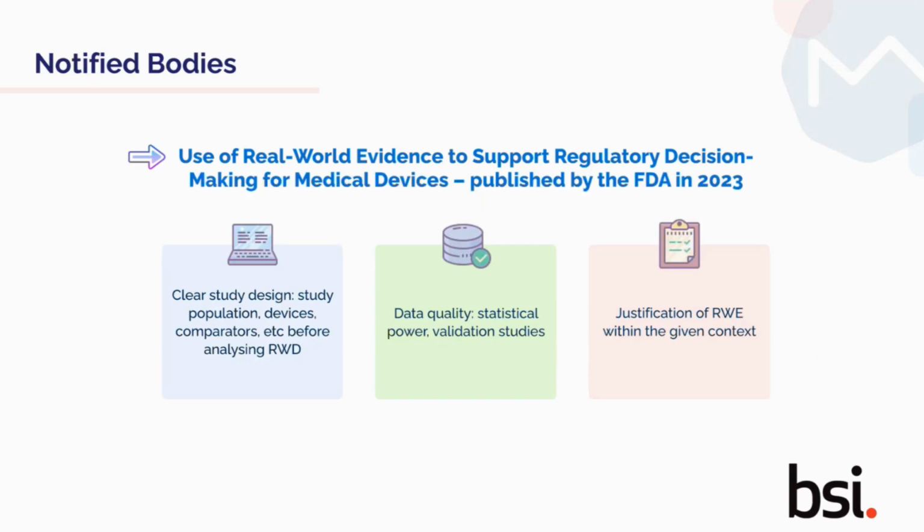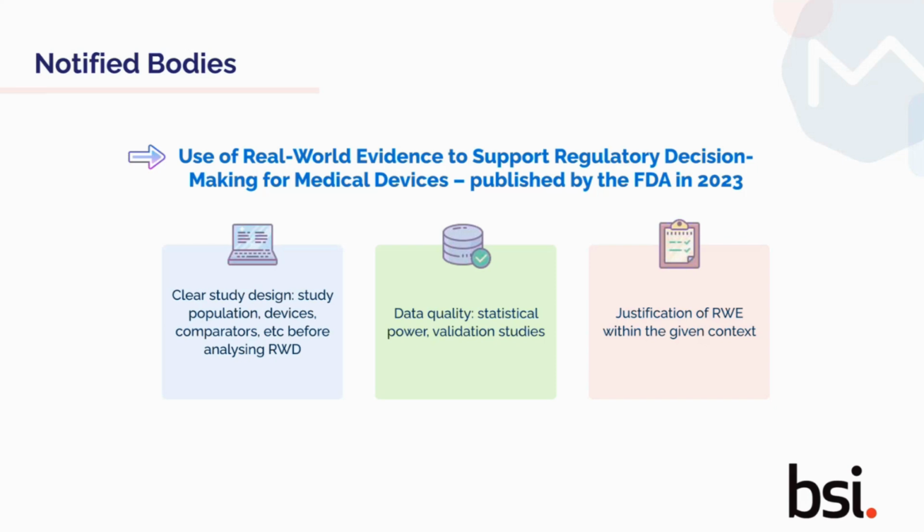To start off with notified bodies and medical devices, we can take a look at the publication from last year from the FDA, entitled Use of Real-World Evidence to Support Regulatory Decision-Making for Medical Devices. Here we've looked at some of the key take-home points from this publication. Again, there's a clear emphasis on clear study design.